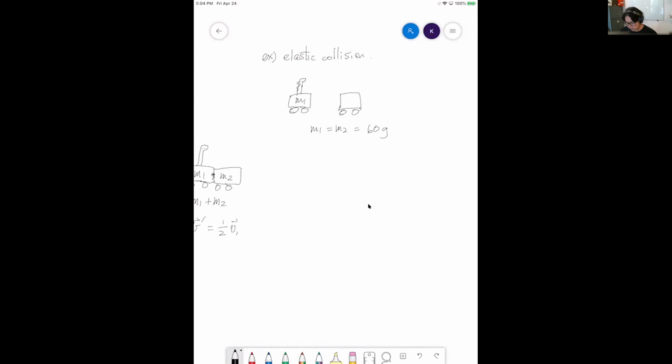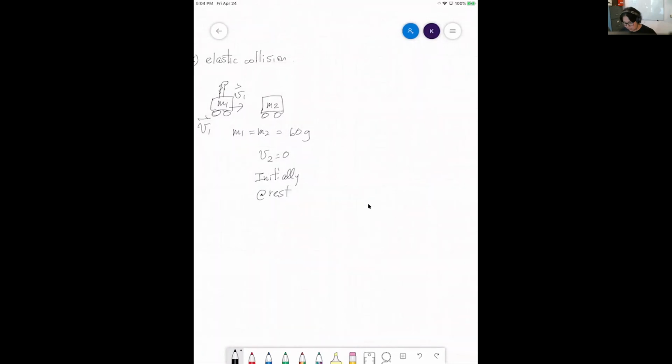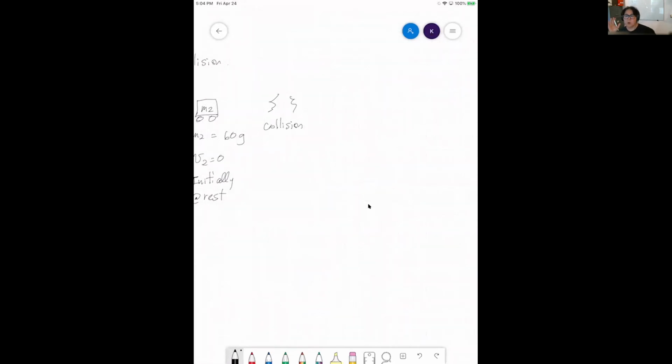Let's say M2 is again initially at rest, and M1 is going to collide with it with some velocity. If the magnets are faced in a way to make a repulsion, they're going to do an elastic collision.